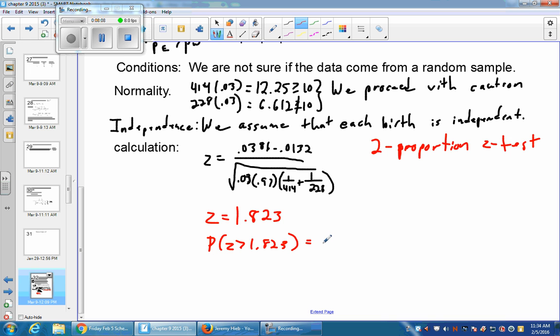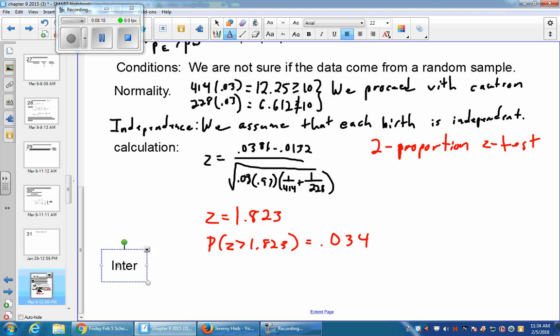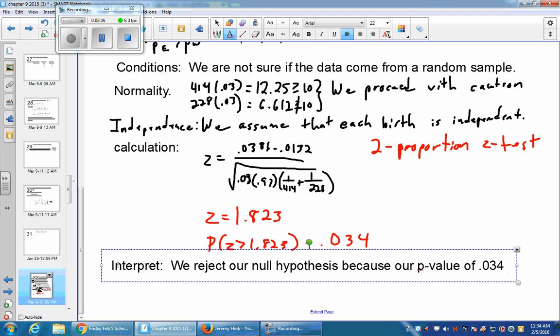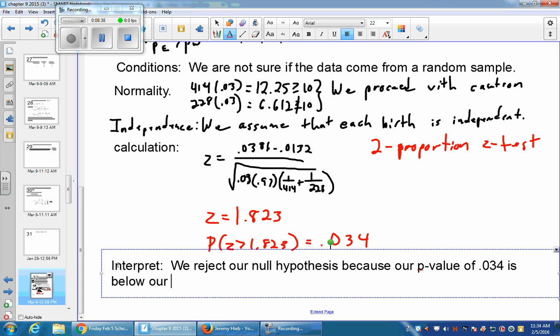So we want to find the probability that our z is greater than that. And I got a value of 0.034. So now we just have to talk about what this means. We reject our null hypothesis because our p-value of 0.034 is below our alpha level of 0.05.